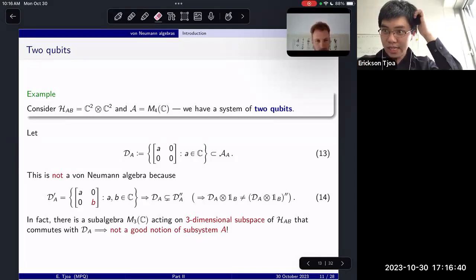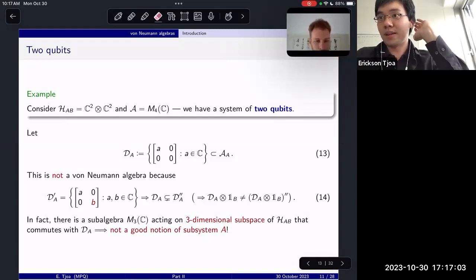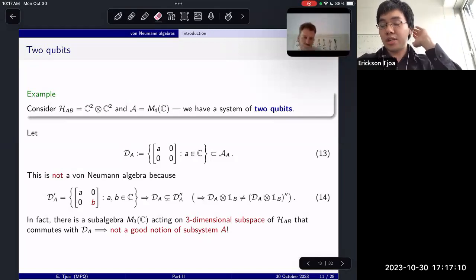And in fact, if you just study carefully this example, there is actually a subalgebra M3, which is like 3-dimensional matrices acting on 3-dimensional Hilbert space H_AB that commutes with D_A, which means this is not a good notion of a subsystem, because that means your B is 3-dimensional, which means your A is 1-dimensional, but a 1-dimensional quantum system basically means nothing, right? So in other words, you are not actually partitioning the Hilbert space properly.